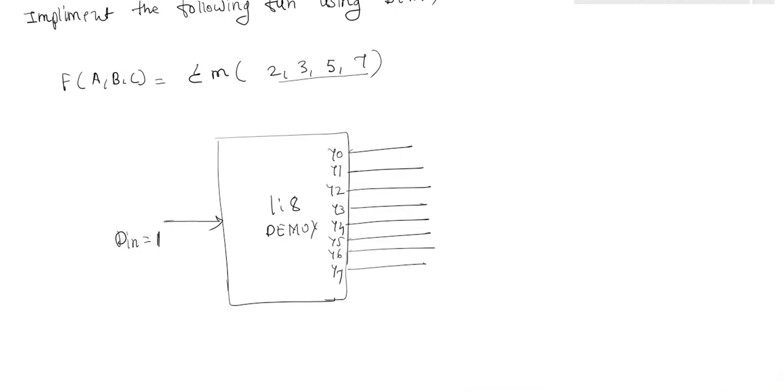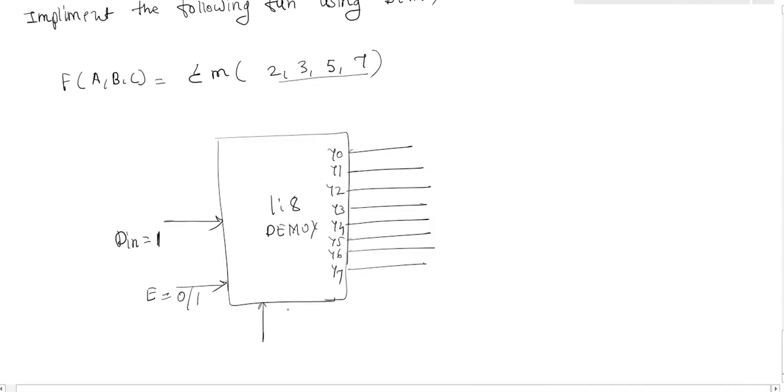Remember, the enable input is also given to the demultiplexer. Now, if the question says that for the active low signal the demultiplexer selects the particular output, then implement the Boolean function accordingly. At that time, based on active high or low, you have to give the enable input either 0 or 1 based on the question.